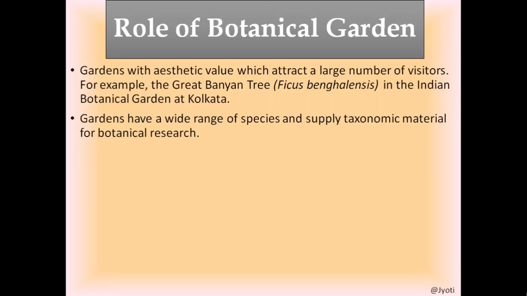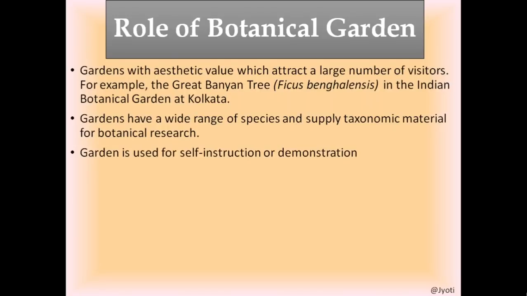So, whenever you visit any botanical gardens, you will see that there is a label on each and every tree or plant. Okay, and their data, their records, the documentation is kept in the office.